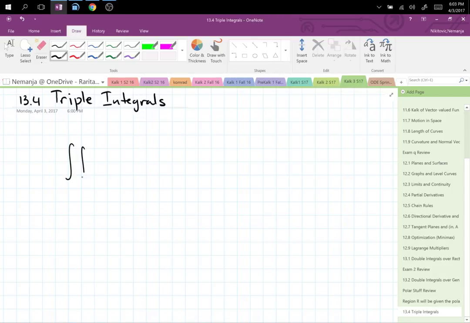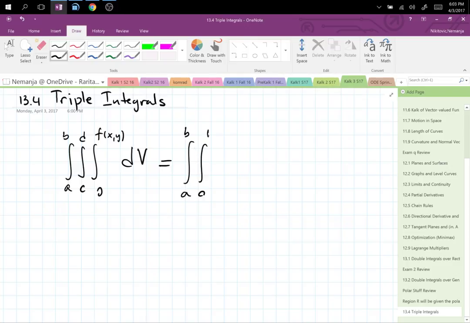If I have a triple integral that goes from a to b, c to d, and then 0 to f of xy, dV, that will be the same as if I had a to b, c to d, f of xy dA. So we see the correspondence immediately, where that middle integral would just integrate into f of xy, right? Because you have a 0 on the bottom.